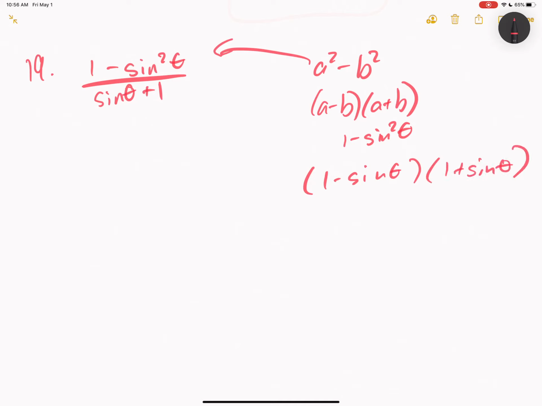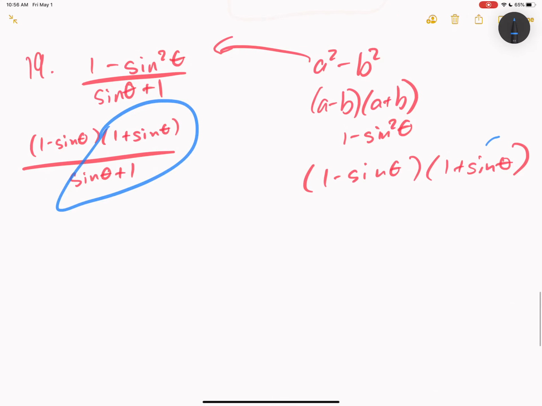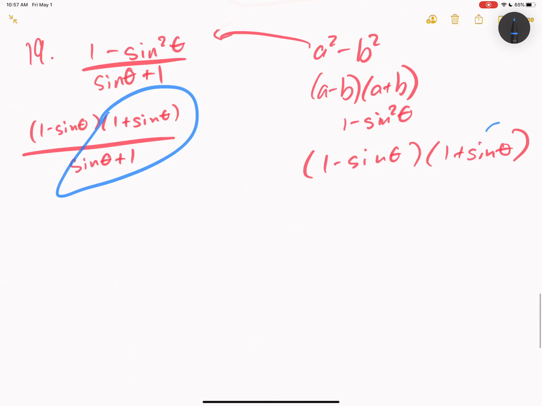That's the idea that they want you guys to get right there, that you could split it up. So that's what I'm going to do. On the bottom, I have sine theta plus 1. If you guys really check it out, these two things are exactly the same. Yeah, the order switched, but the signs are still right. Sine is positive, so they're the same thing. They essentially cancel out, so your final answer is 1 minus sine theta.